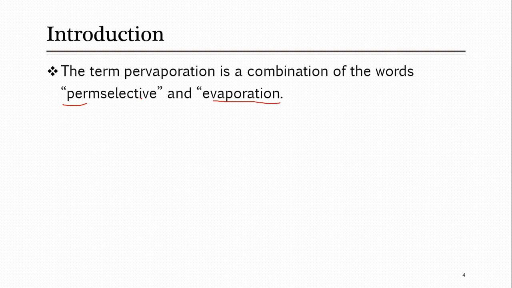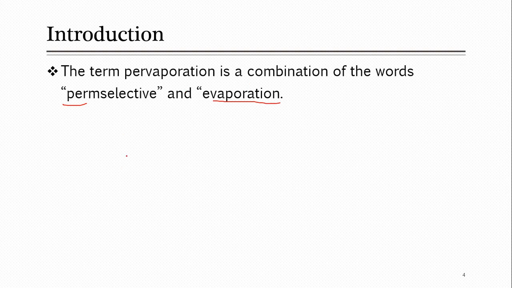Like there can be dense as well as porous membrane structure. It is a combined structured membrane, or you can say a composite type membrane. And then there is evaporation, I mean you are evaporating anything which is in the form of liquid to vapor.